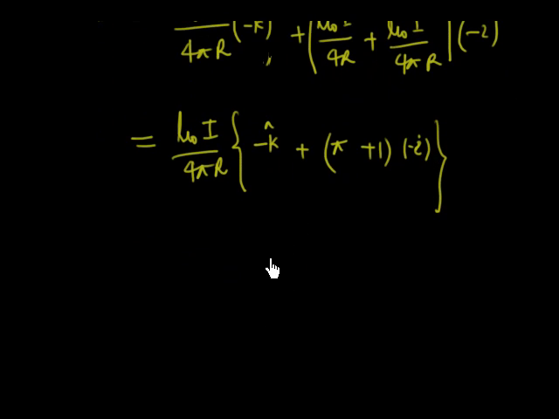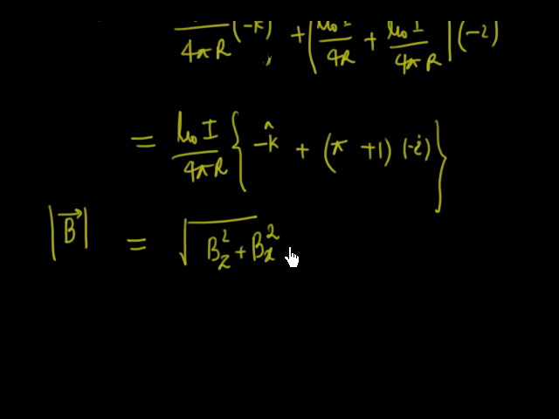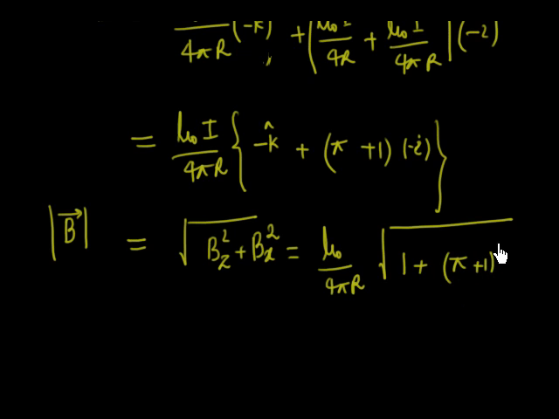Now if you are interested in magnitude, the magnitude of B will be the square root of Bz squared plus Bx squared. So this means you will have mu naught by 4 pi r and under root, this is simply 1 and this is pi plus 1 whole squared. Are you getting or not? So this is the final answer.